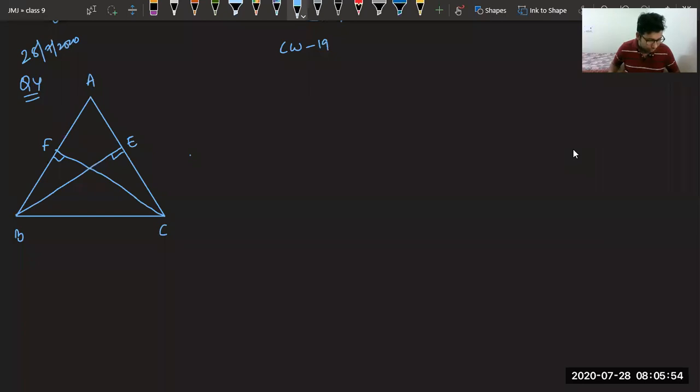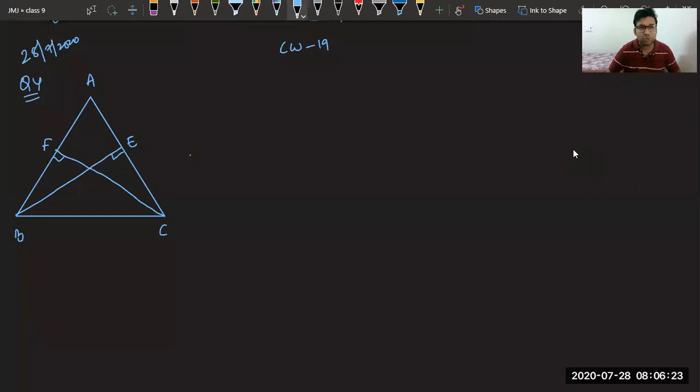Very good, Golin, Mishti, Utkarsh. Very good, Bhavya. This equal is for the altitudes, that is BE and CF. Again repeating, altitudes BE and CF to sides AC and AB are equal.